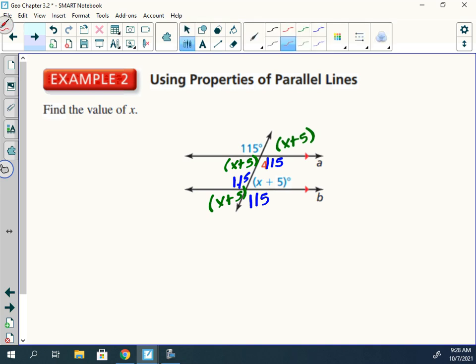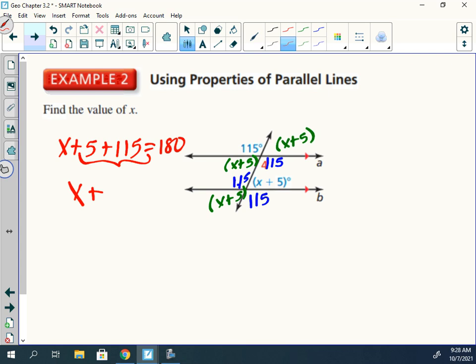So x plus 5 plus 115 is equal to 180. Since those two angles, where x plus 5 is and 115, weren't congruent by corresponding, alternate interior, alternate exterior, or vertical angles, that most likely means they've got to be supplementary. We can combine like terms.